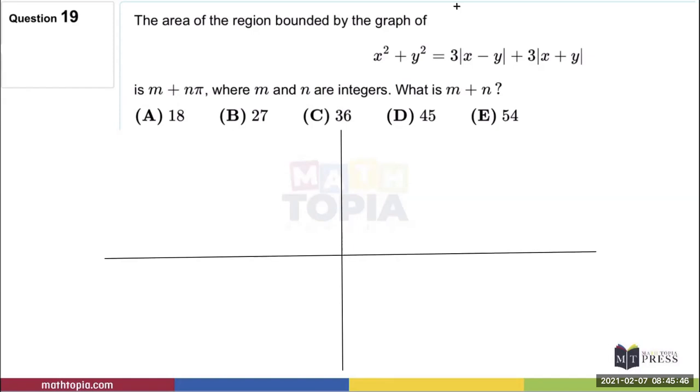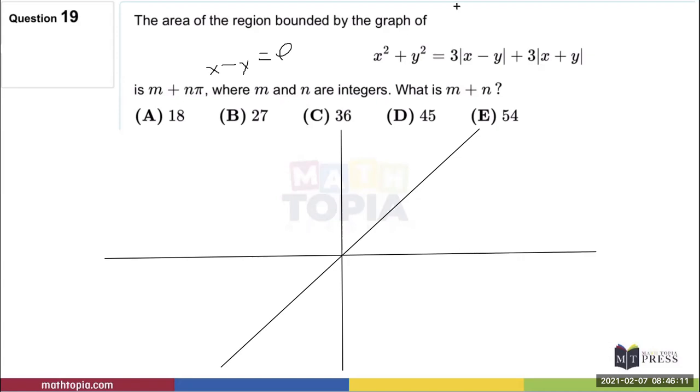So now here's the thing. How would we determine which section of the graph shows when this is positive or negative? Well, x minus y is greater than or less than 0, right? Well, if x minus y was equal to 0, then that would just give us the equation y is equal to x. So let's draw that in. Y is equal to x. So we have that equation.